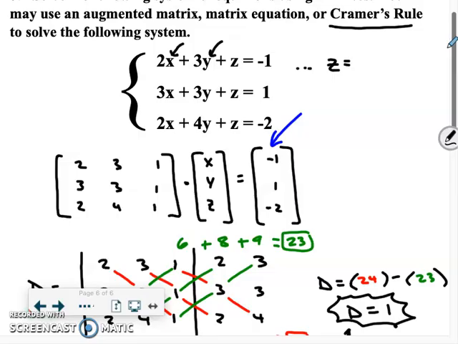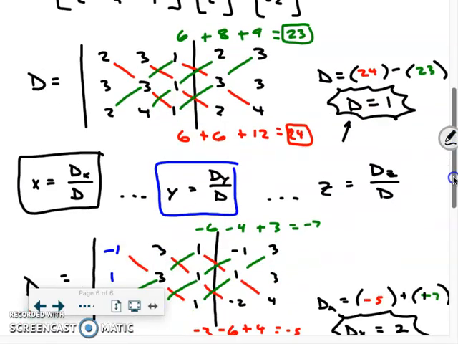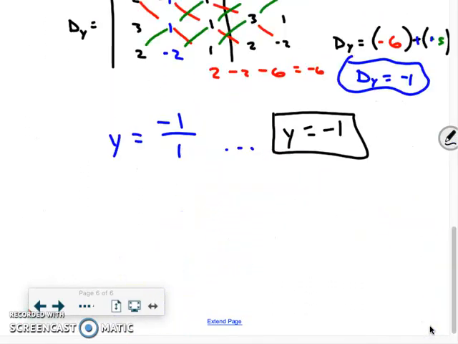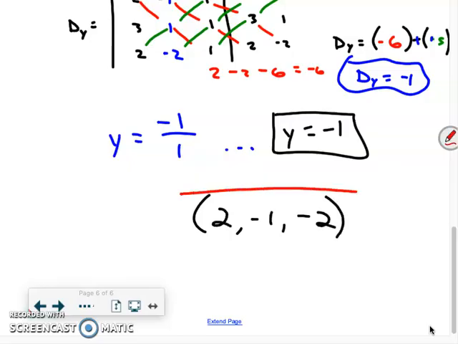Forgive me for trying to speed this up to get that z is equal to -2. So x is 2, y is -1, and z is -2, this is how we would finalize our answer.